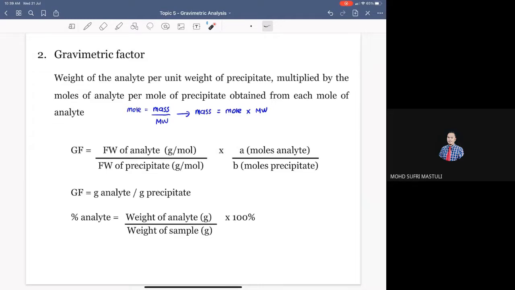Molecular weight of precipitate times mole of precipitate is the mass of precipitate. This is why the gravimetric factor is the mass of analyte over the mass of precipitate. If you want to know the percent of analyte in the sample, it is the mass of analyte per mass of sample times 100.